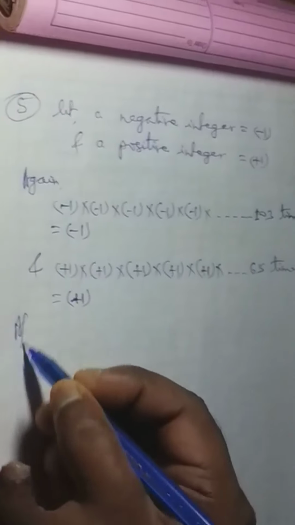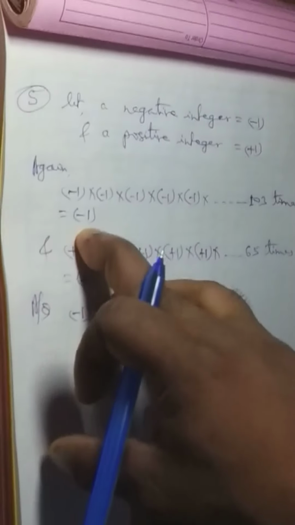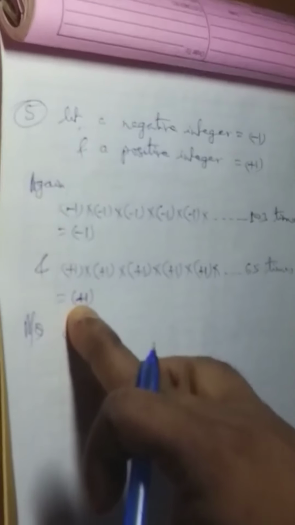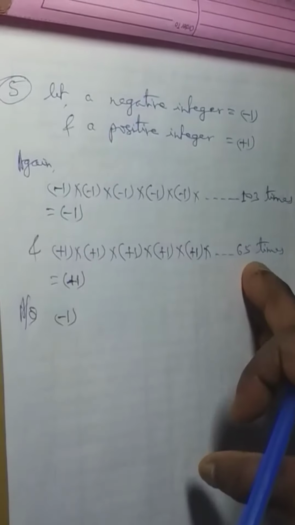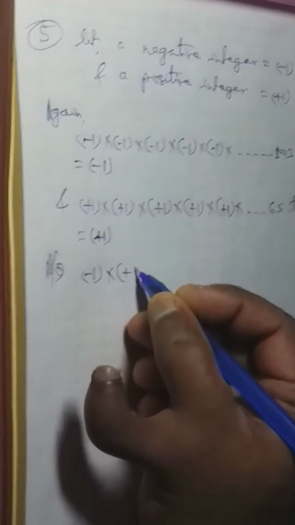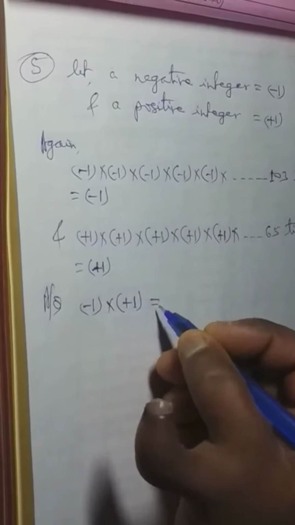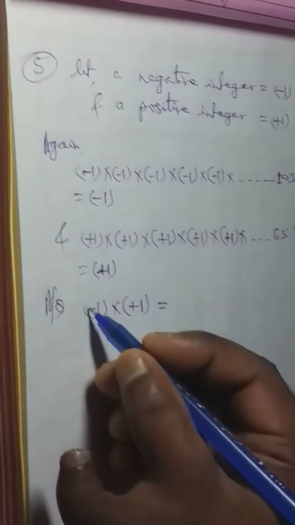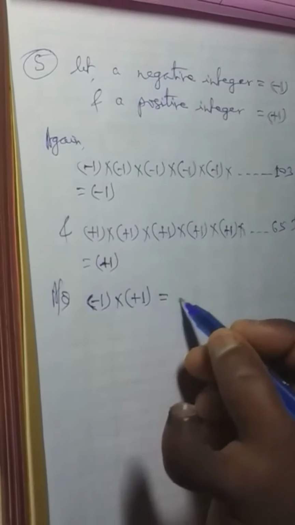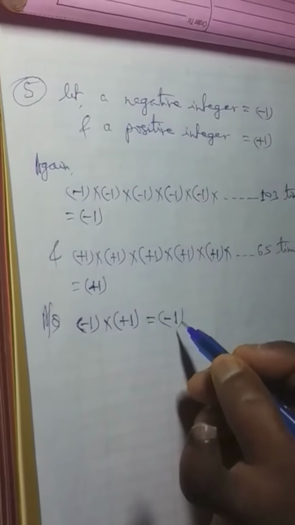Now we go to the question. This is the product of negative integers 103 times, and this is the product of positive integers 65 times. And according to the question, the result is minus into plus, minus 1 into 1, which is negative.